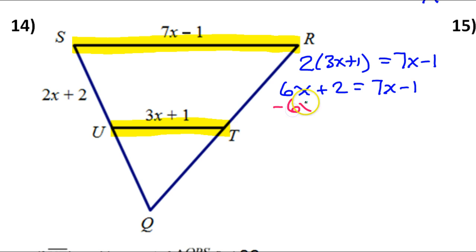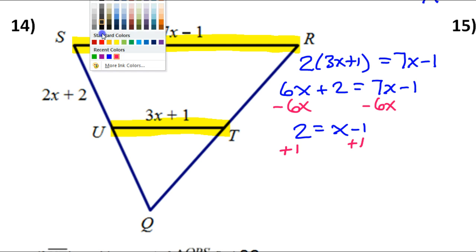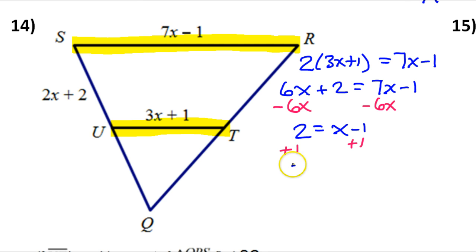So I'm going to subtract 6x from both sides. So that's going to give me 2 equals x minus 1. And then we'd add 1 to both sides. So that's going to give me 3 is equal to x. Alright, so now I know that x is 3.